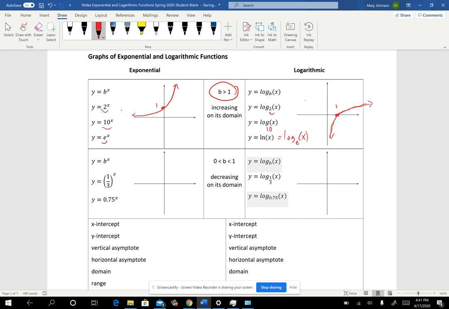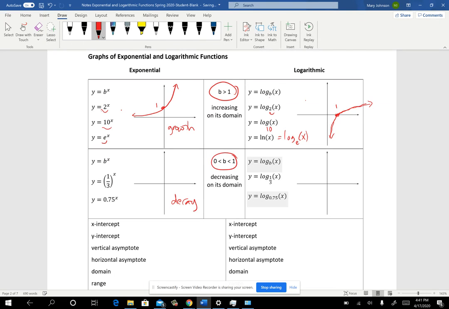Both of those two functions, the exponential one here and the logarithmic, are increasing over their entire domain. This is sometimes called an exponential growth function, where the one below it we'll find is exponential decay. So what's going on down here is we still have a positive base, still greater than 0, but it has to be less than 1.